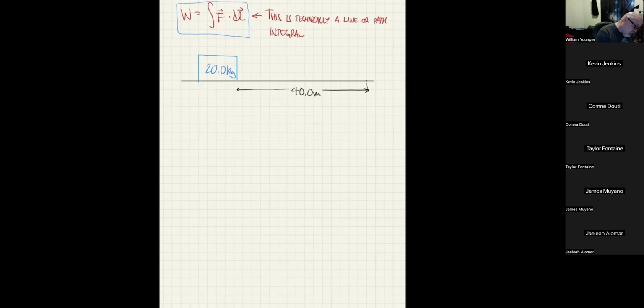I plan on doing so via a vector force of, let's say, 220.0 newtons at 37.0 degrees. And this is the magnitude of the force.